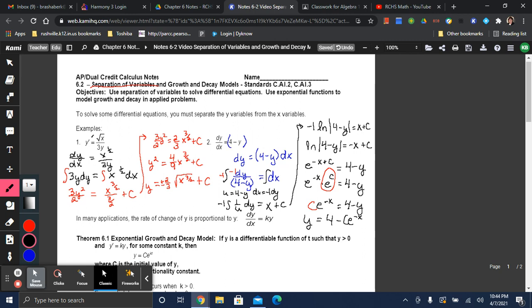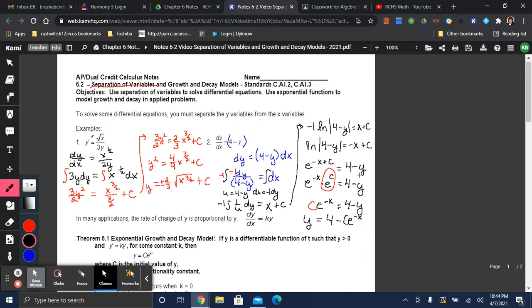So you're going to have several situations in your work where you get a logarithm. When you get that logarithm and make your conversion to an exponential, you're going to drop the absolute value, and that's because the exponential can only equal the positive.